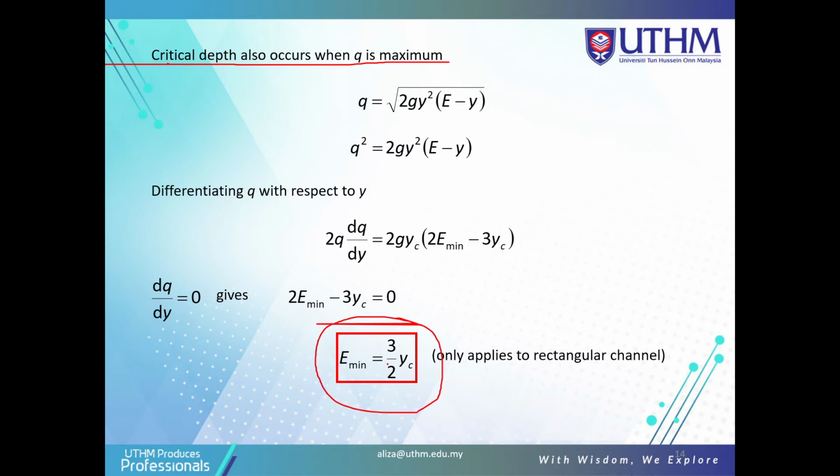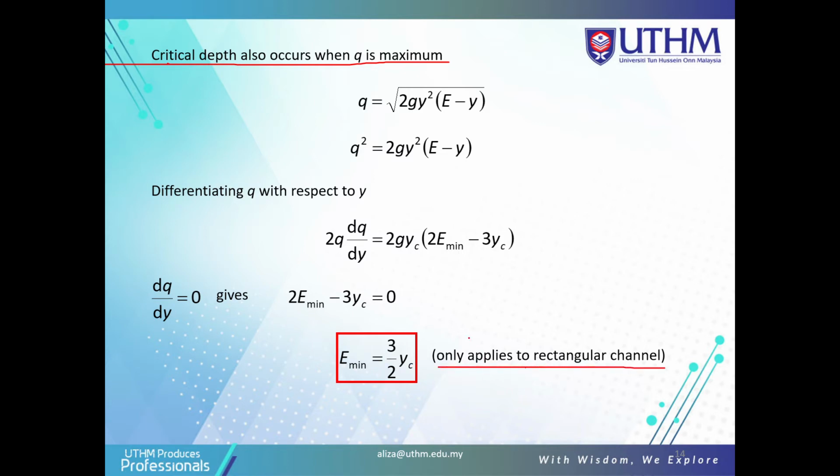No need to worry about going from this one to this one. You just refer to this formula only. So you get the E minimum. It only applies to rectangular channel.